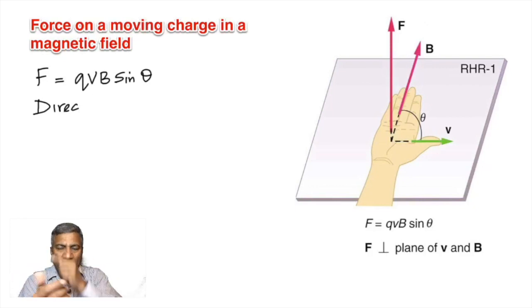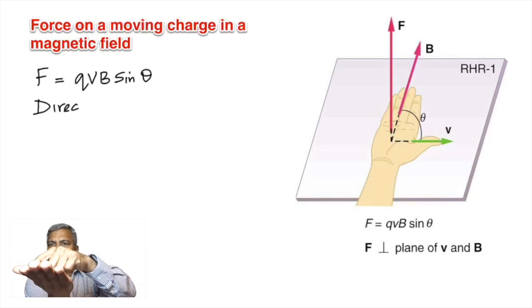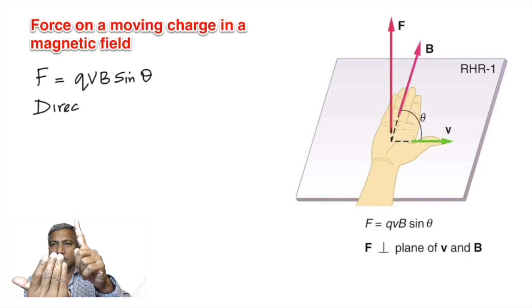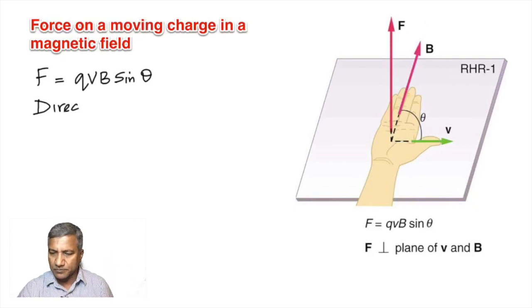So the thumb gives the direction of velocity, the magnetic field is given by the fingers, so they are at right angles here, and then when you fold your fingers, that gives the direction of the force acting on the charged particle. All right, so direction is given by the right hand rule, and the formula for force is QVB sine theta. Theta is the angle between the velocity of the particle and the magnetic field.